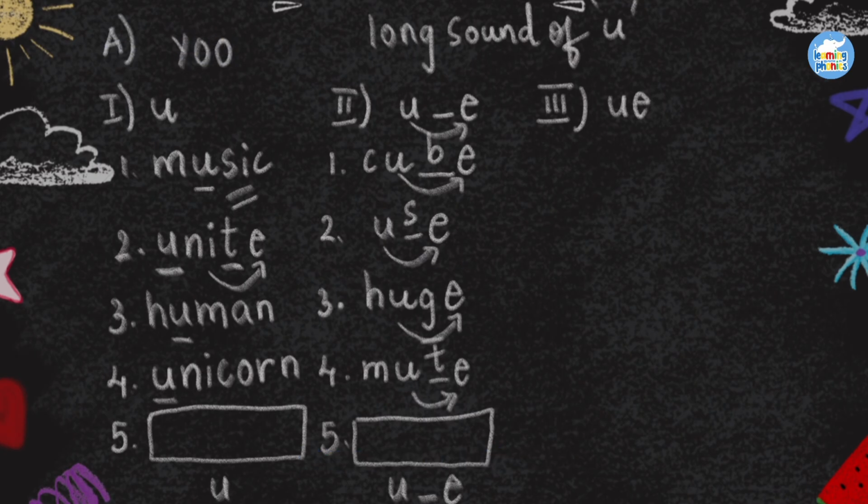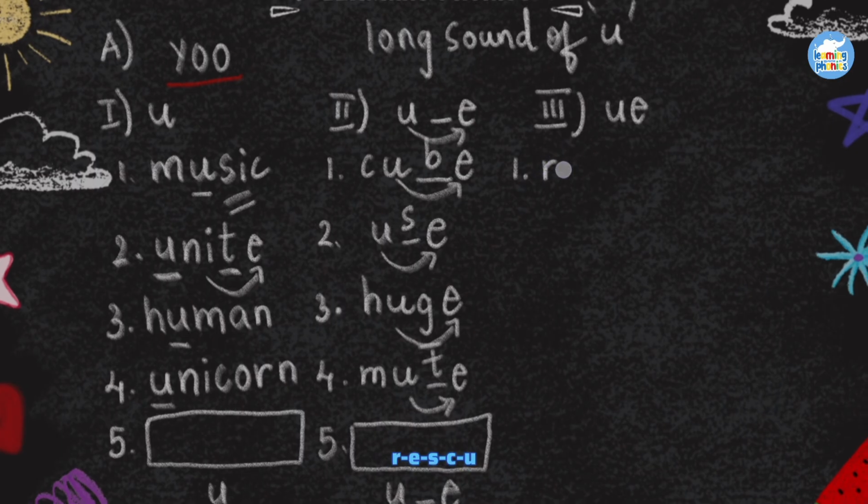If you're taking notes, I hope you are, you better write here that all these letters are going to say the U sound, its name. UE is going to say U, as in rescue. Number two, fuel.